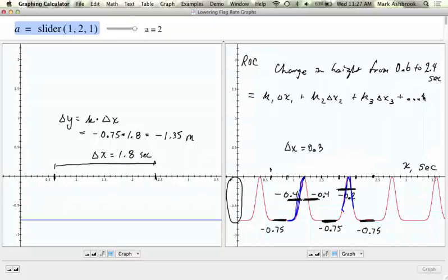How many are we going to add together? 6 total. You want 6. Okay, so the first one, a little bit of change in the first 0.3 seconds is negative 0.3 times the rate.